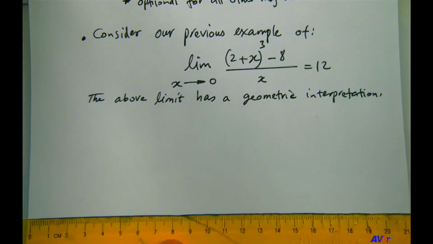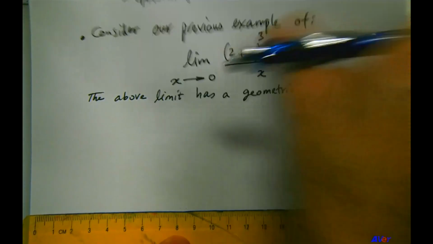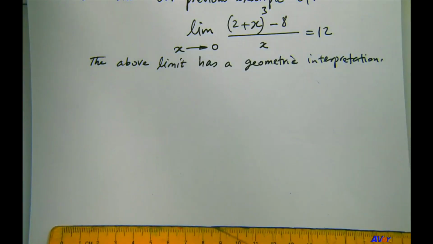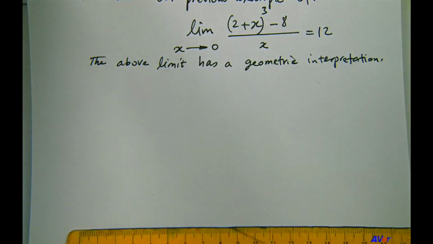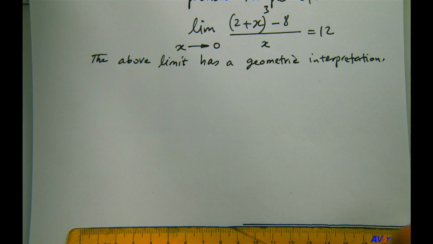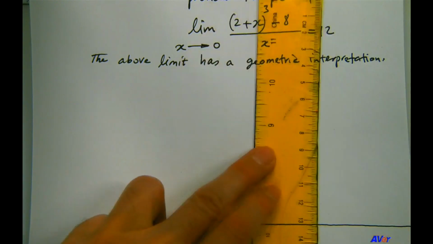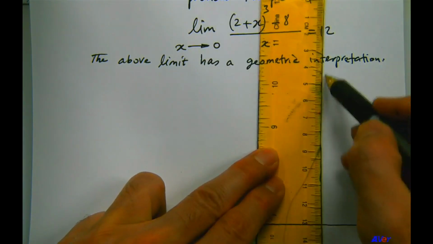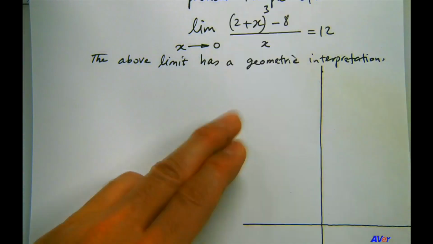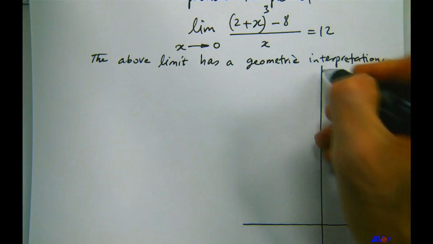I'll try to fit the graph here because I need the rest of the space here. So I'll do my best to draw it here, right there. It's kind of squishing my graph in the corner here, I know, but I need this space here anyway.